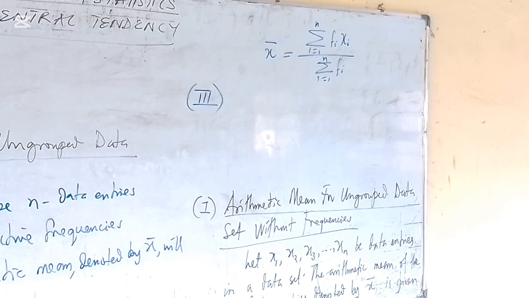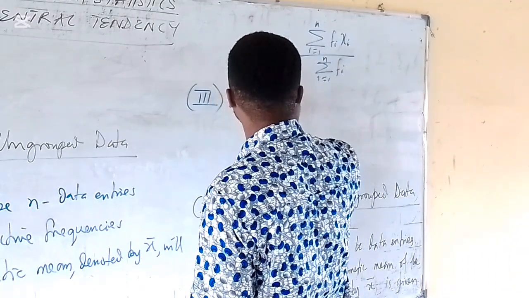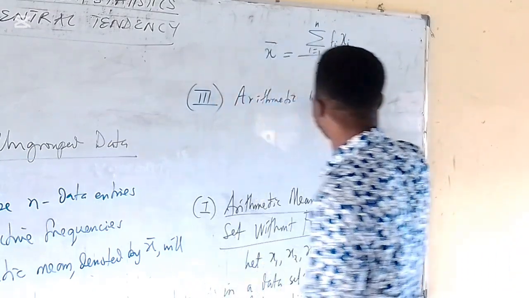Class marks. So, in a group frequency table, your xi's are no more data entries. They are rather class marks, the average of each class interval. I want to be sure that you understand the language.